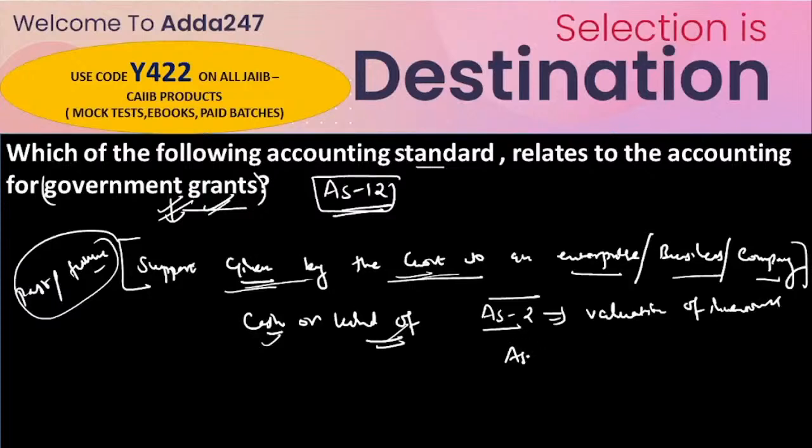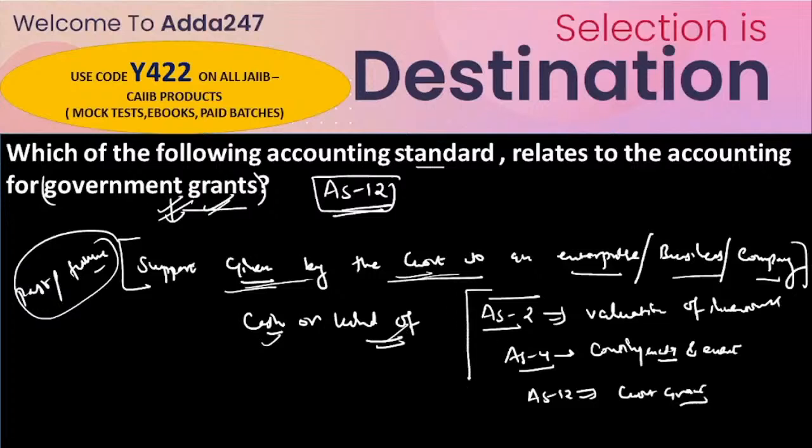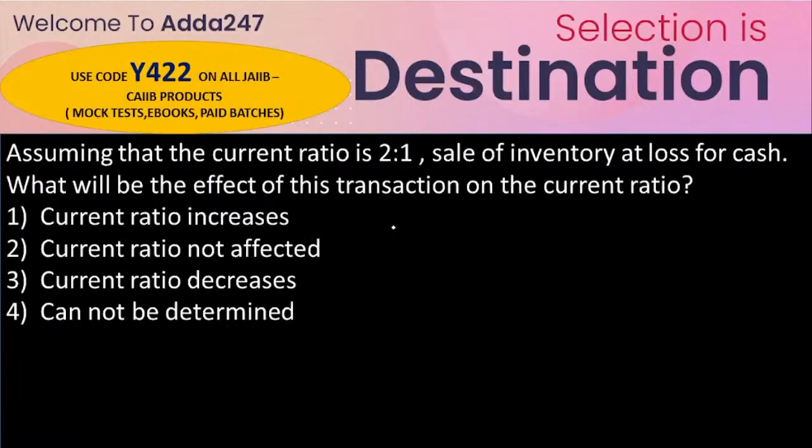Accounting standard 4 is related to contingencies and events occurring after the balance sheet date. And accounting standard 12 is related to the government grant. I hope all of that is memorized now.